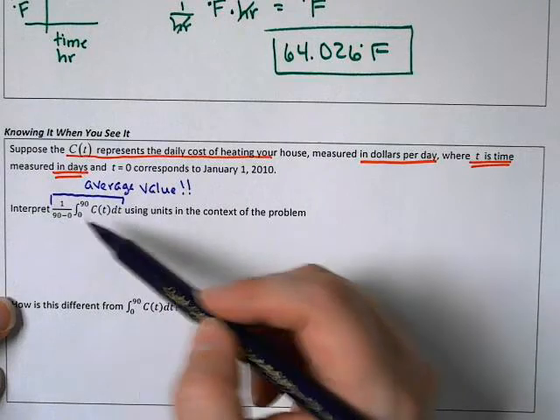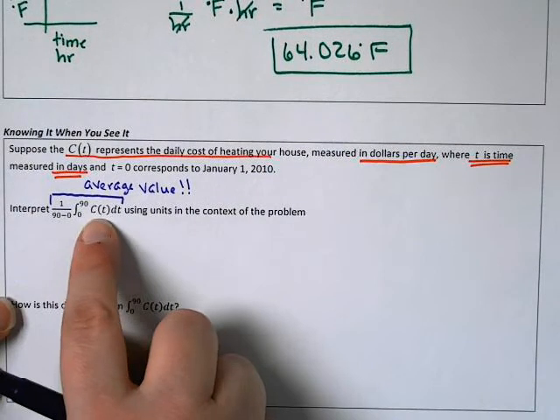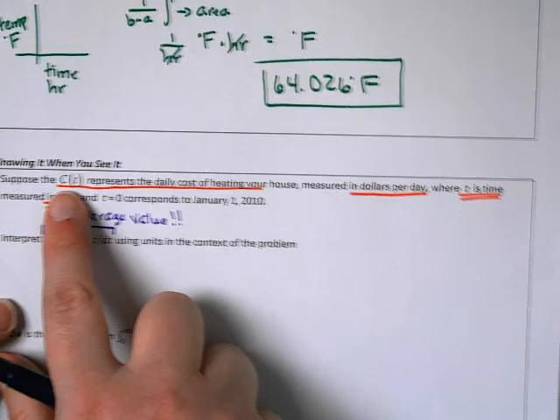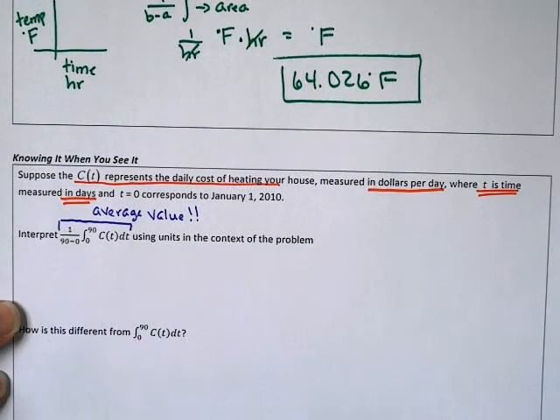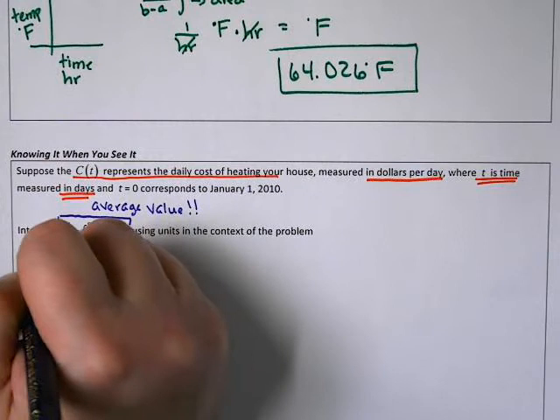Well, this is the average value of whatever this function is, and we were told that this function, C of t, represents the daily cost of heating our house. So we're going to start with writing what it is.